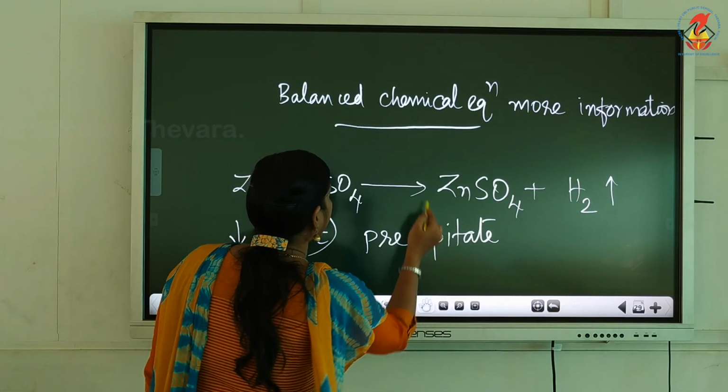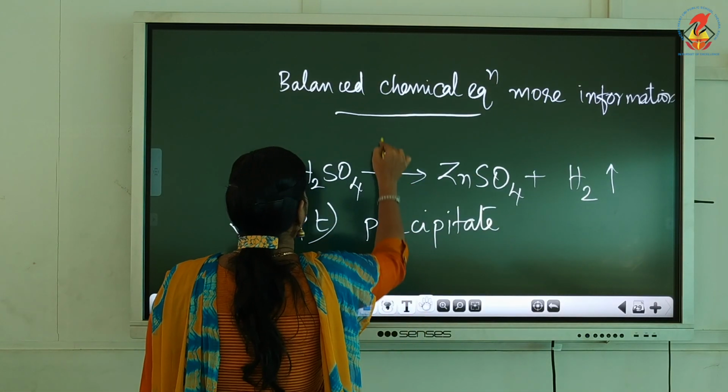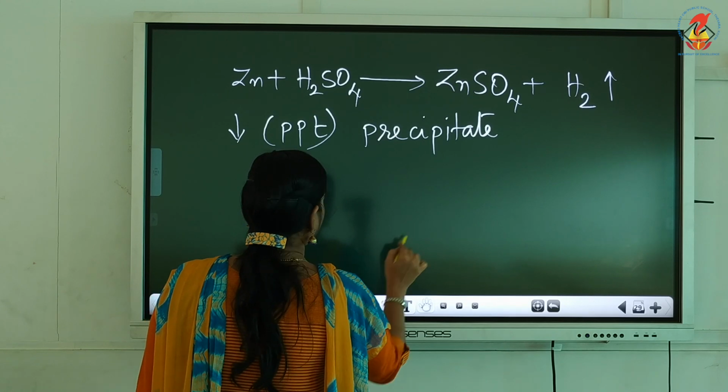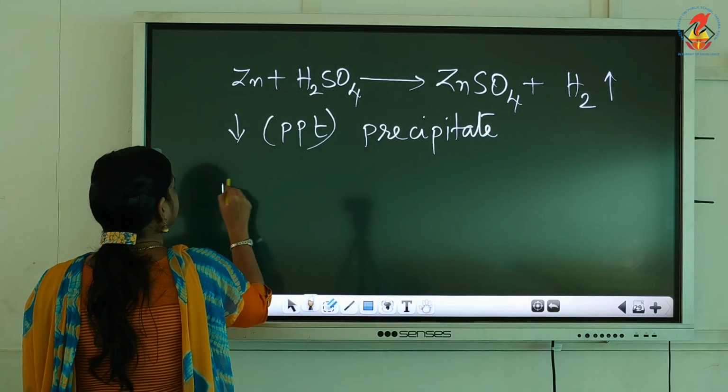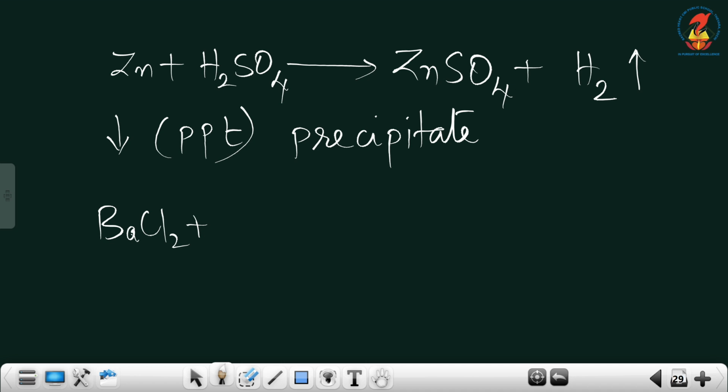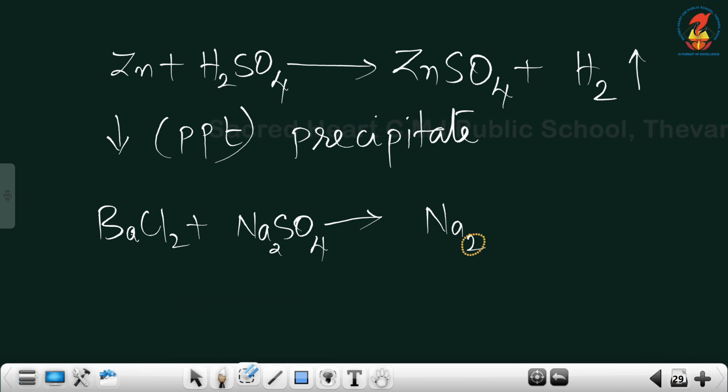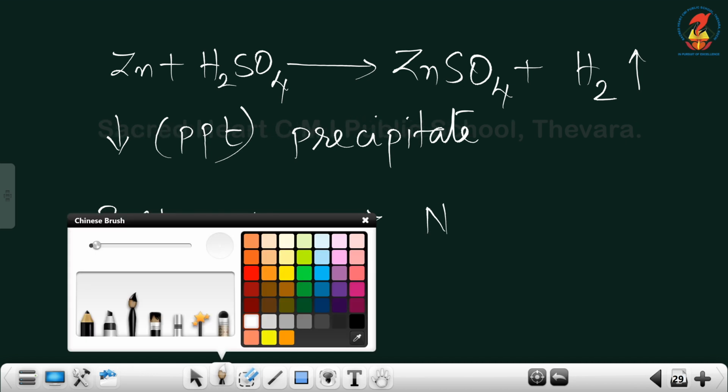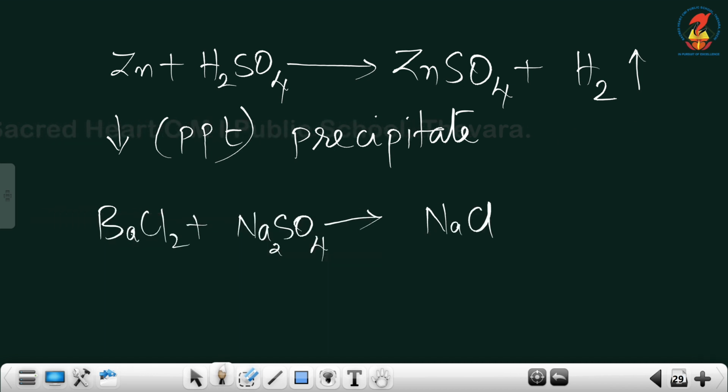For example, the familiar example we can see is, in the previous example, barium chloride reacts with sodium sulfate, and we will get sodium chloride, NaCl, plus barium sulfate.